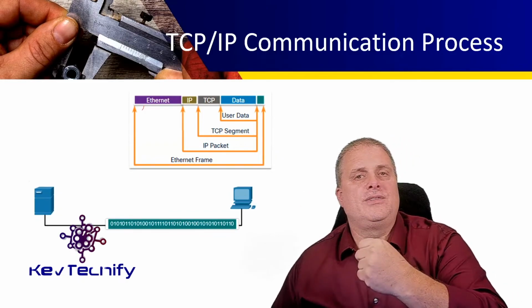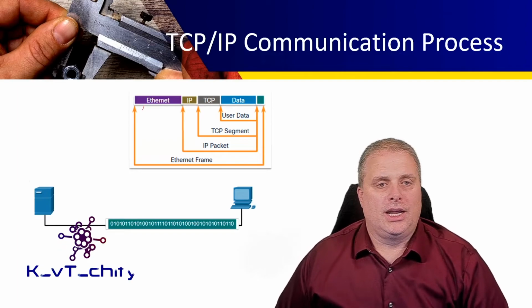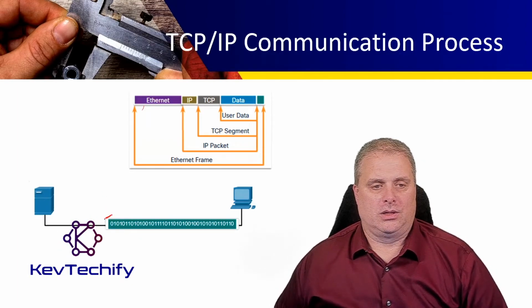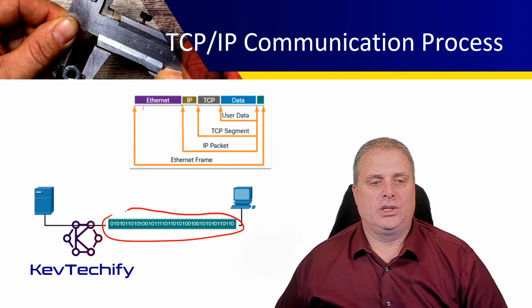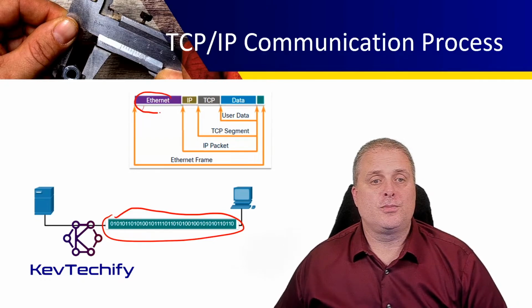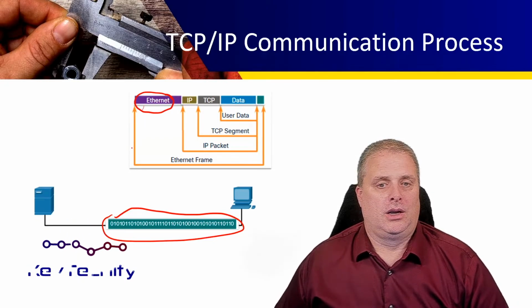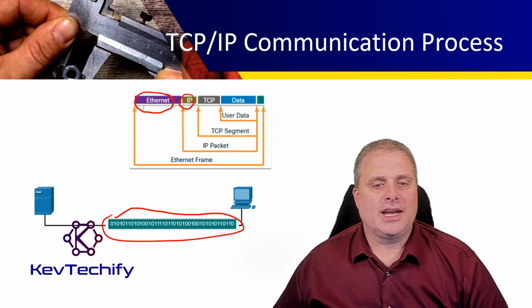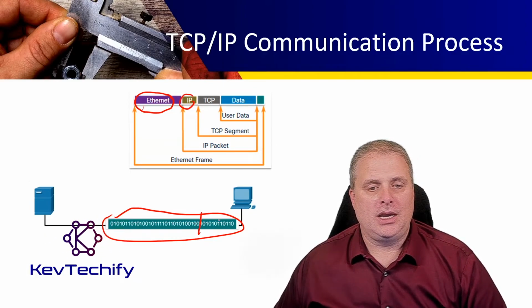The receiver is going to get that information in. It gets the string of 1s and 0s. That's what the computer sees. But because of the protocol, it looks and says, okay, the first part of this is an Ethernet header, making sure that it got to me. Then we have the next part. So maybe this part up to here is the Ethernet header.